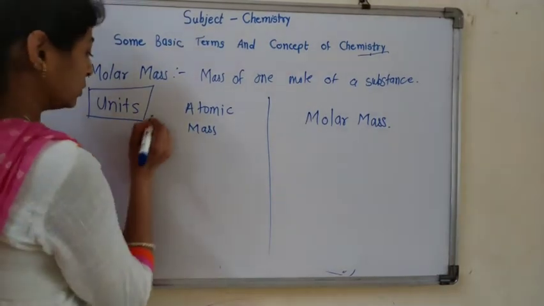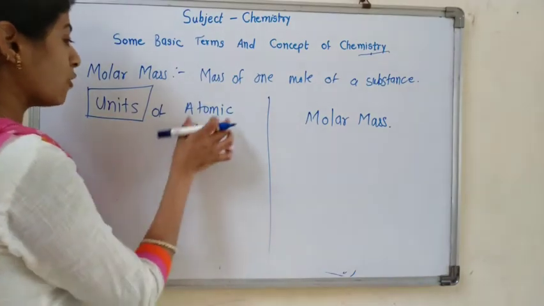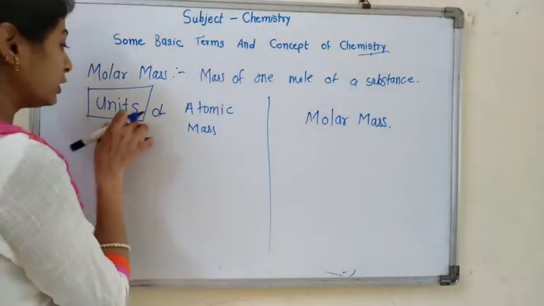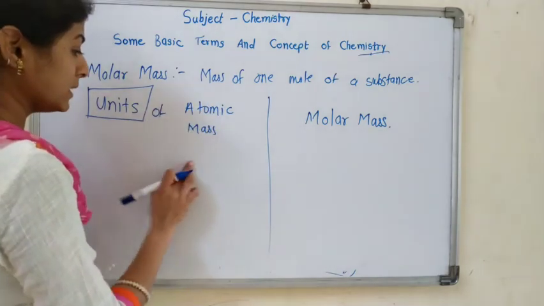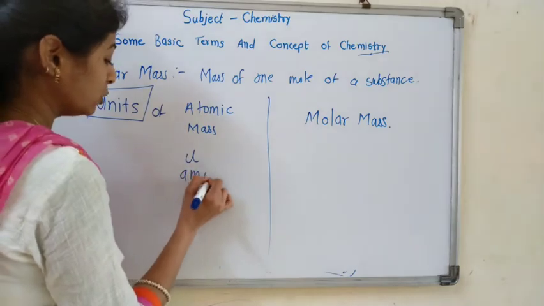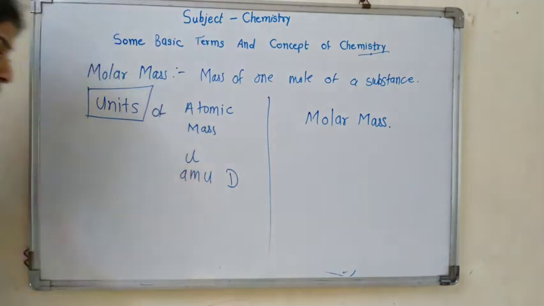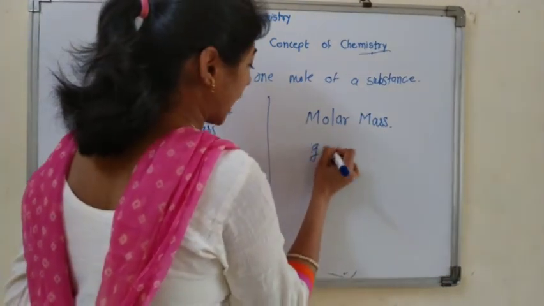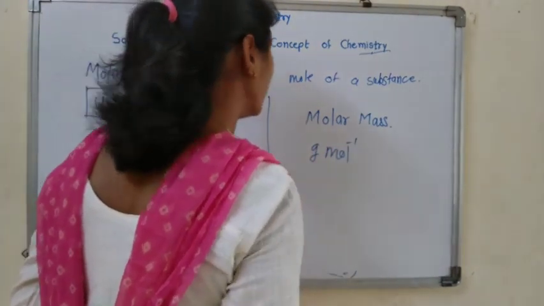Now one thing to be noted here is the units of atomic mass and molar mass. The unit of atomic mass is the u, or AMU, or Dalton. Okay? And molar mass is measured in gram per mole, or gram mole inverse.